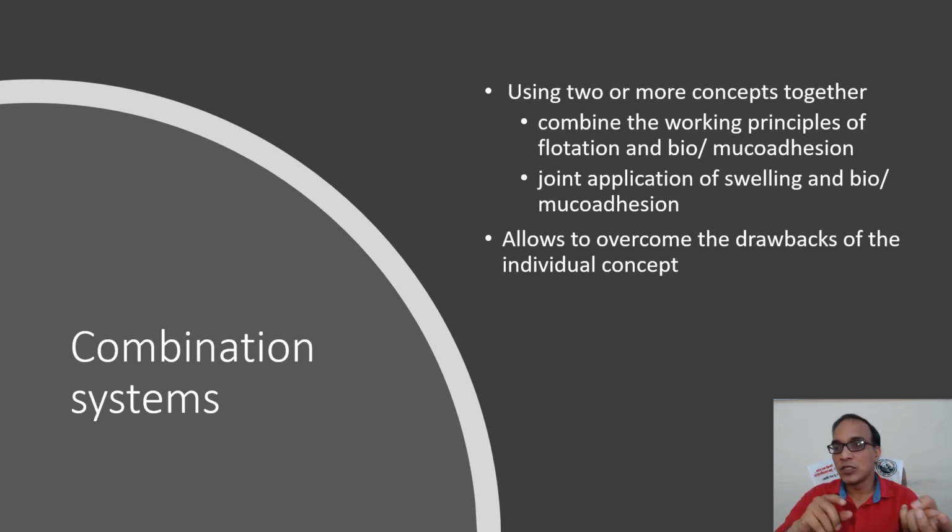What is happening is that some individual approaches may have one or more disadvantages. What you will do is keep on blending the approaches and prepare a system which is working by more than one mechanism, not just one mechanism. So that's why they will be complementary to each other in drug delivery.